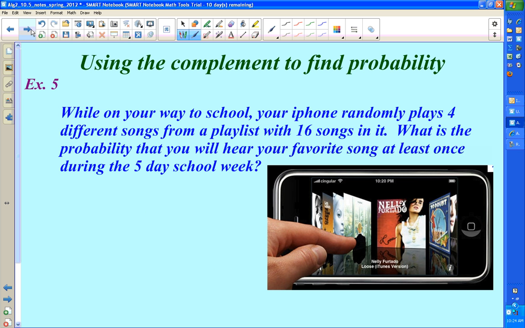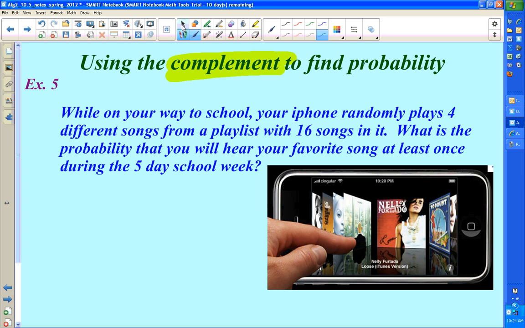Okay, so now somebody asked about the complement earlier. This is a complement situation that we're looking at here. It's kind of confusing, and it's really confusing to do it without the complement. So you have your iPhone, you're riding the bus to school each day, and you have time to listen to 4 songs from this playlist with 16 songs in it.